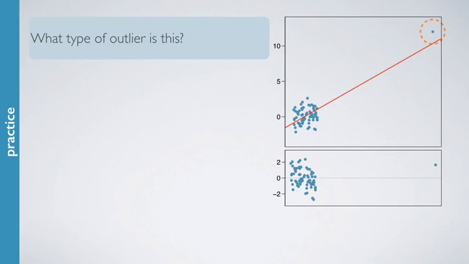In fact, it would look horizontal, since otherwise there's absolutely no relationship between x and y, and therefore we would identify this as an influential point. When we are trying to decide whether to leave this data point in the analysis or take it out, if it's an influential point, we want to be very careful about leaving it in there because it's definitely going to affect our estimates and all the decisions that we're going to be making based on the results of the analysis.